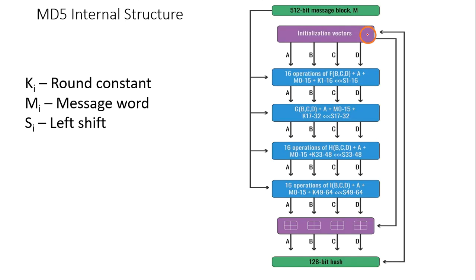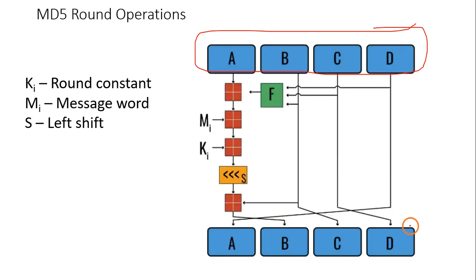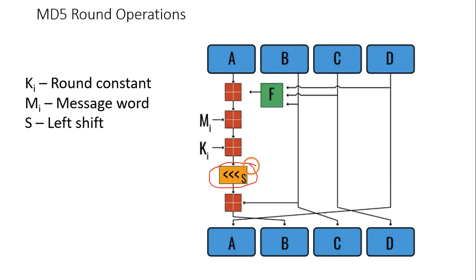And the output of each round is also again A, B, C, D, that is, changed values of A, B, C, D. Now let's start here. Again some notation: K is the round constant, fixed values. Mi is the message word. I told you each message is divided into 16 parts, and S is the left shift operation.